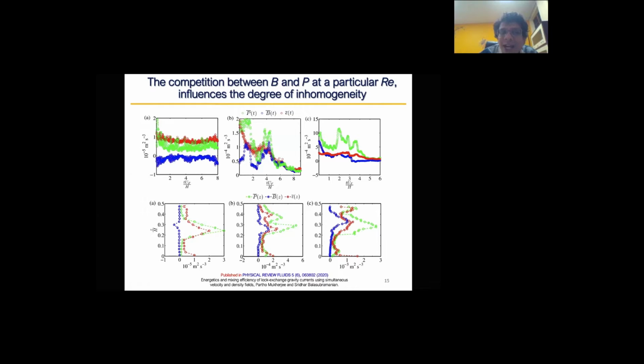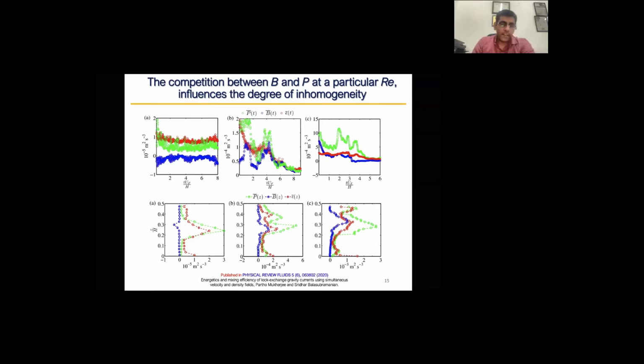The value shifts from 0.25 to something like 0.35 or 0.4, the vertical location at which one can see this maximum production, either in terms of shear or buoyancy. What actually happens at those particular locations? Why does it shift all the way up?